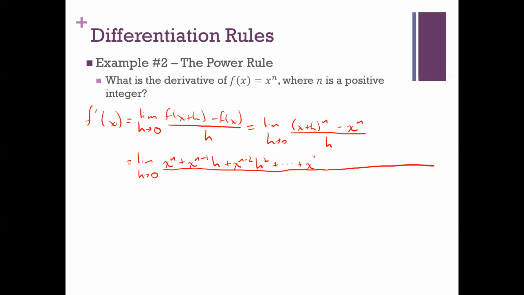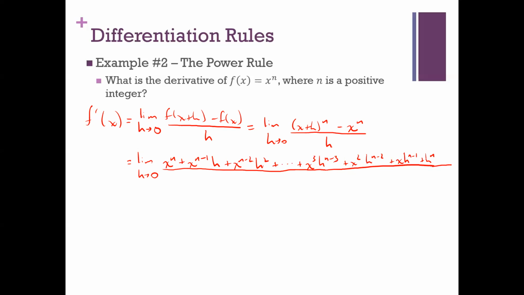It'll be x cubed times h to the n minus 3 plus x squared h to the n minus 2 plus x times h to the n minus 1 plus h to the n.